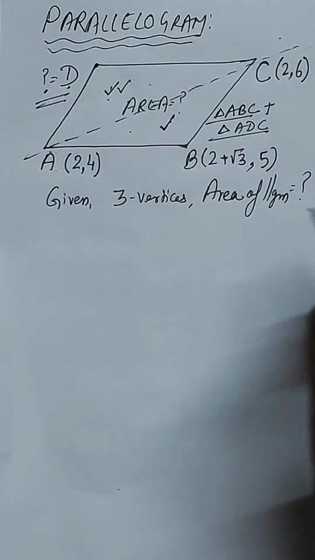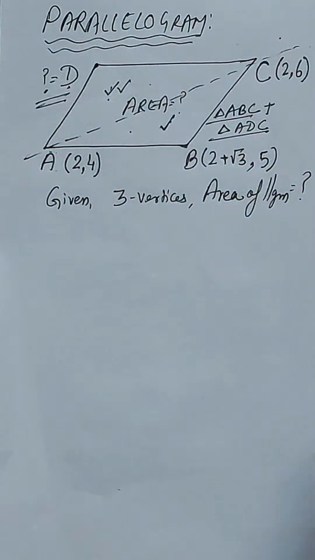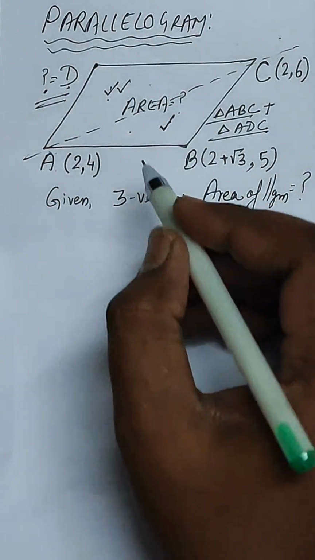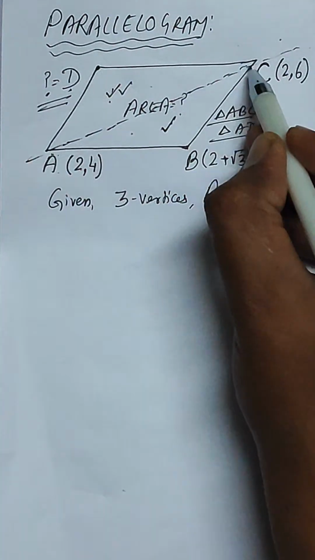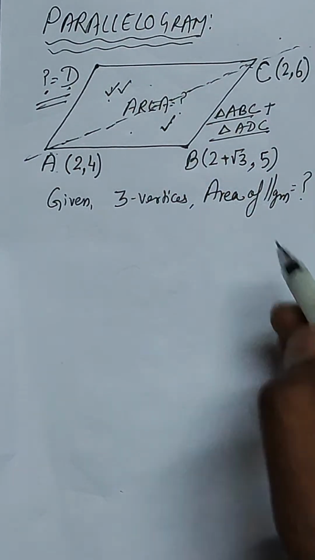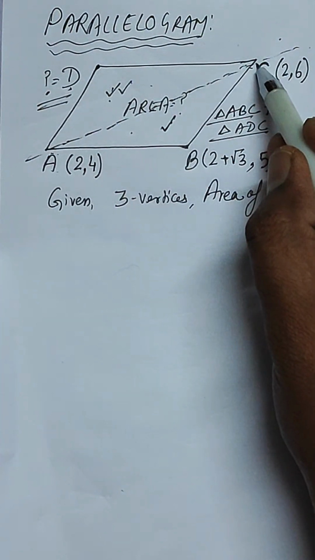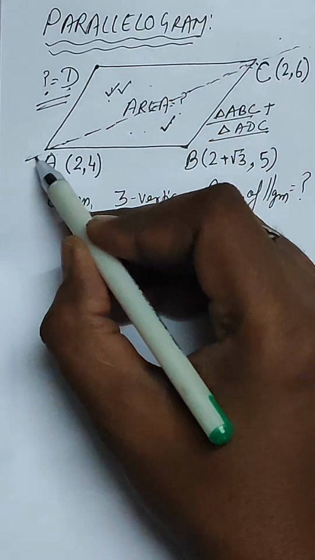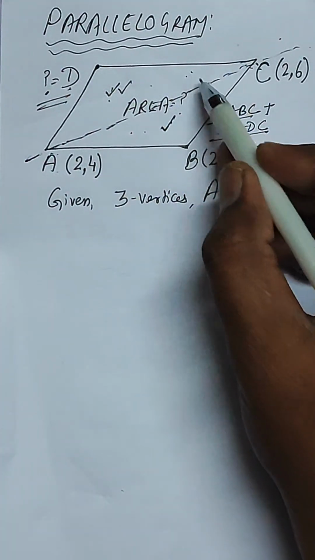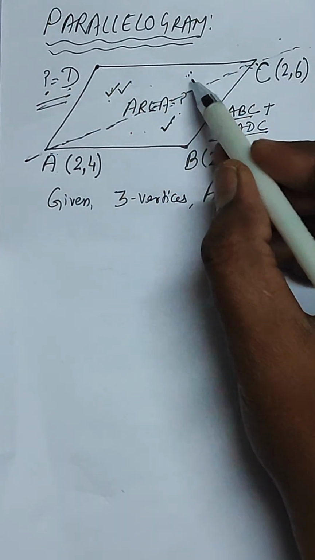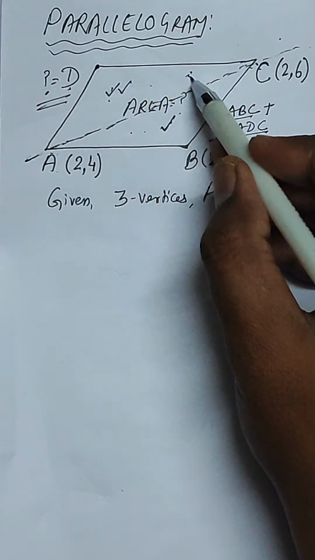So in this case, we need to recollect one property of the parallelogram. Yes, you can even use the number line of the xy plane to solve this, but what we are using to solve it here is that a diagonal of a parallelogram divides the parallelogram into two triangles of equal area.